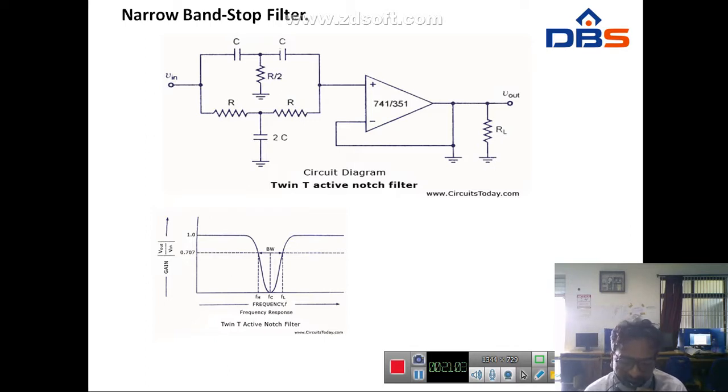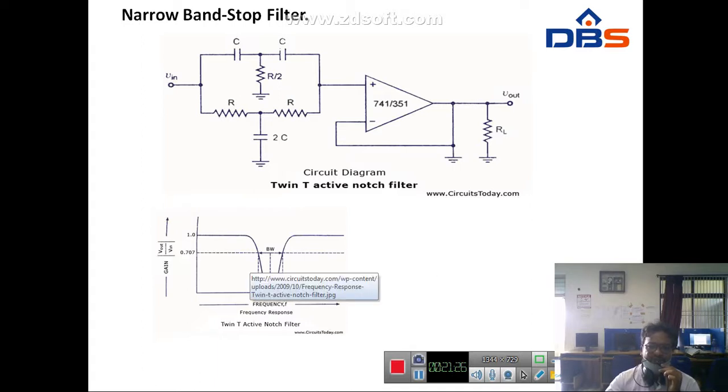In addition, the passband gain of both sections must be equal. The frequency response of the wide reject filter is shown in this figure. We can also call it a twin T active notch filter. Here we have two pass bands and one stop band in a band stop or band reject filter.